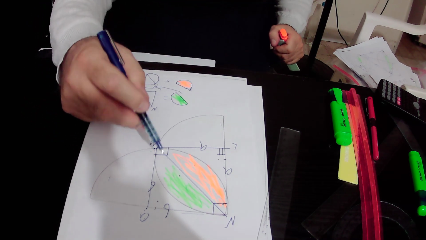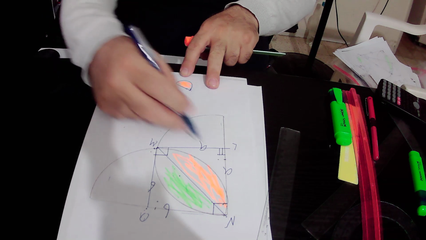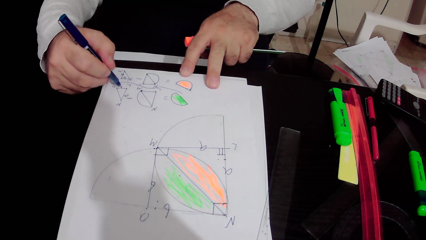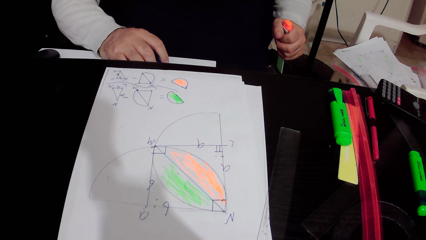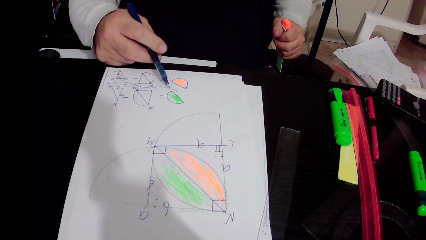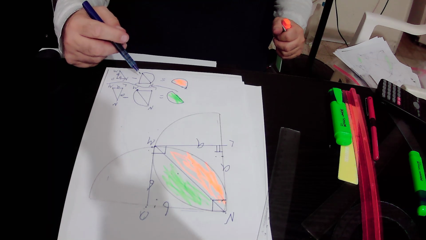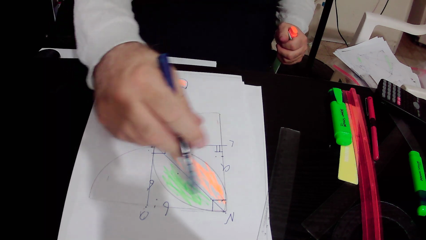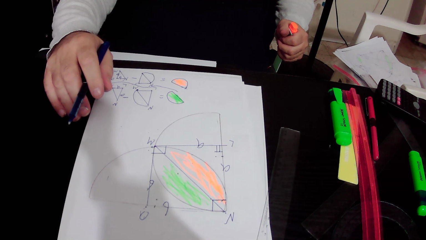Here LN equals A, it is the radius of this semicircle, and LM equals A. So you actually have to add the area of the green circular segment to the area of the orange circular segment. In this way we will get the area of this lens. That is in general the area, it could be the area of any lens.